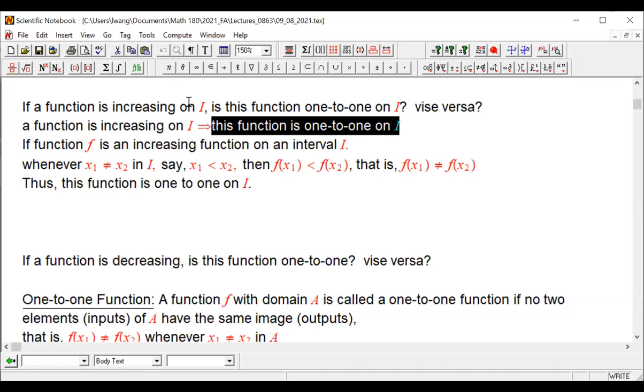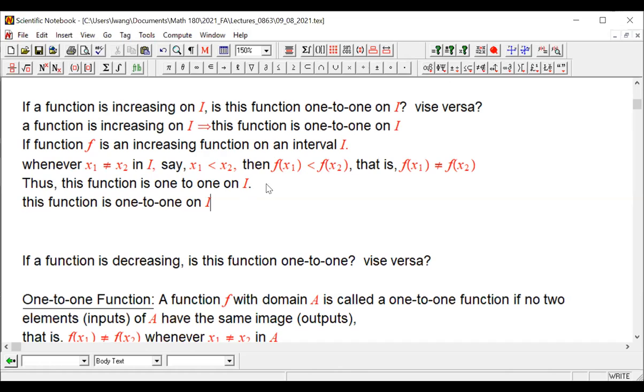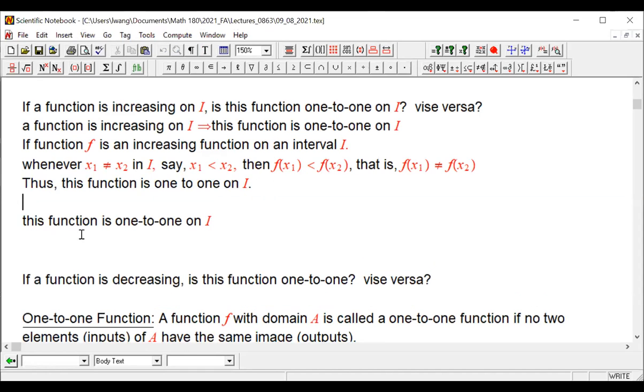Given a function is one-to-one, is this function increasing or decreasing?